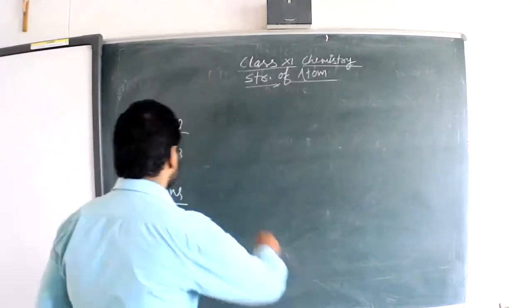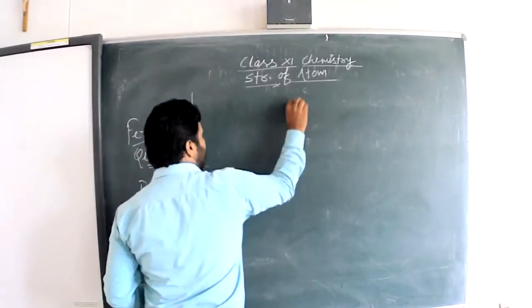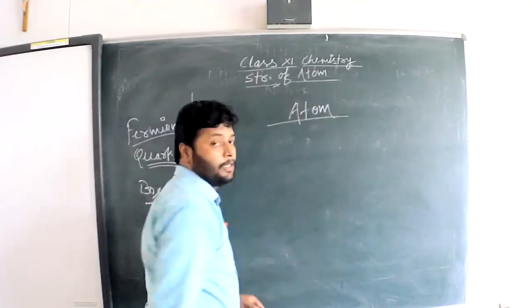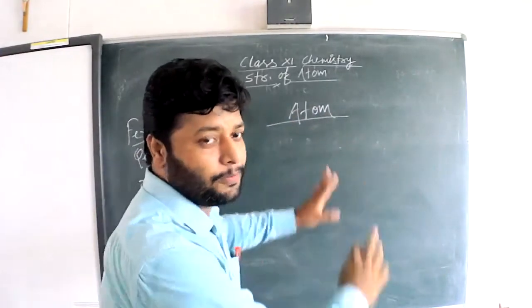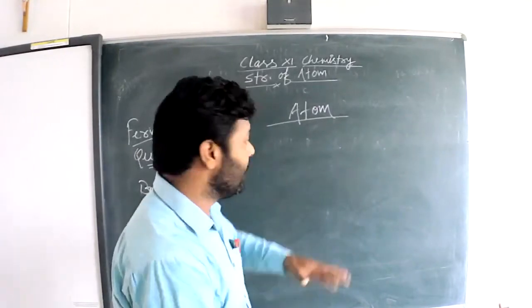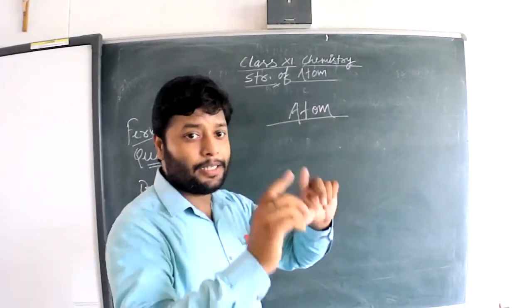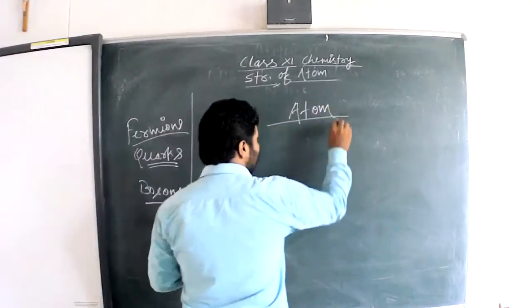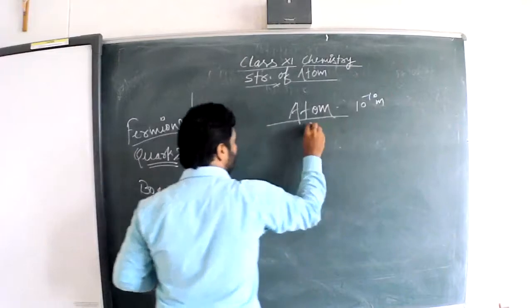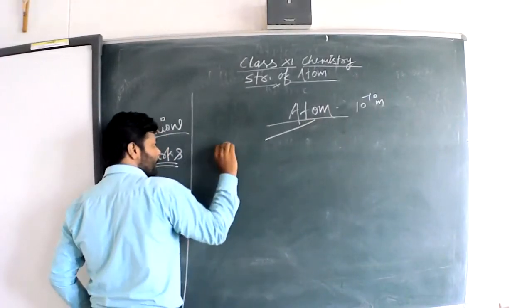This is from your syllabus now. I'm just taking some of the particles only, but now this is the syllabus. An atom has a size range of 10 to the power minus 10.